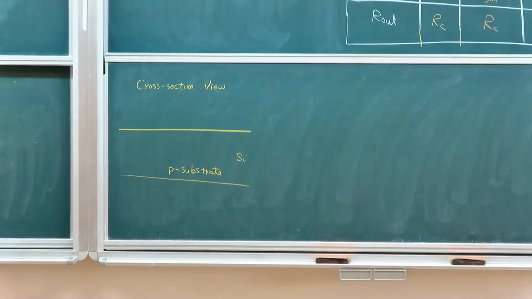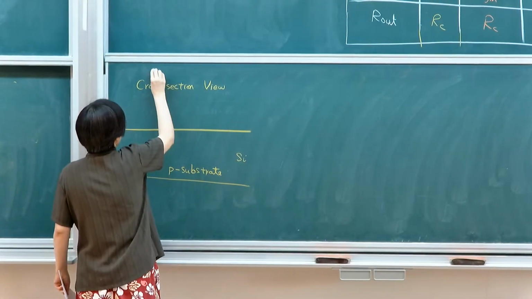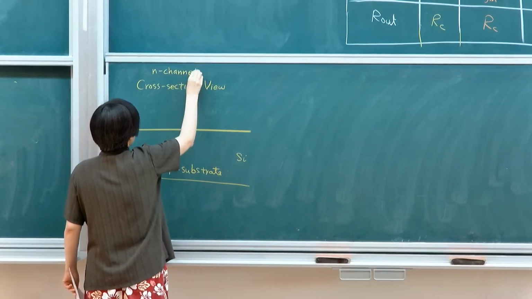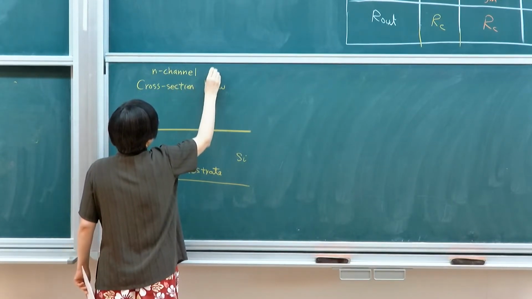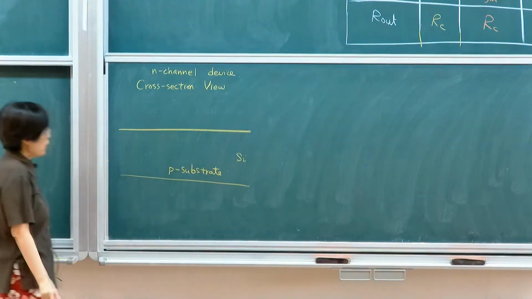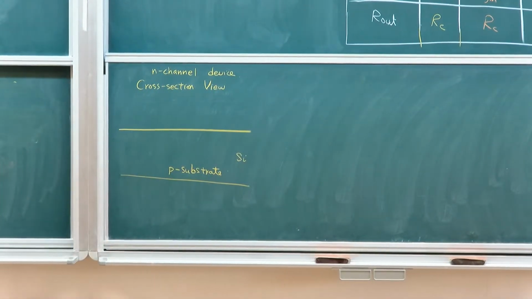This is for cross-sectional. We start with looking at the N-channel device. One of the key functionality of a switch is that it has to be turned off and on.